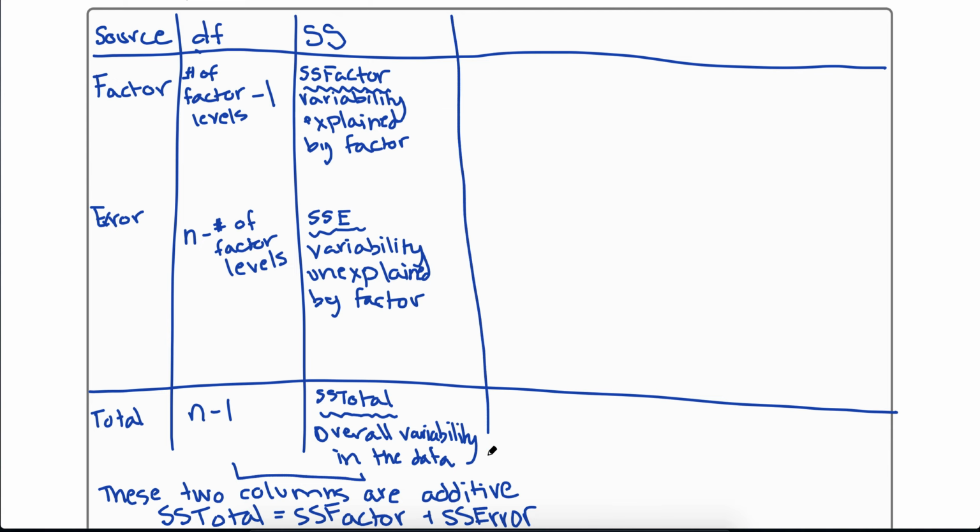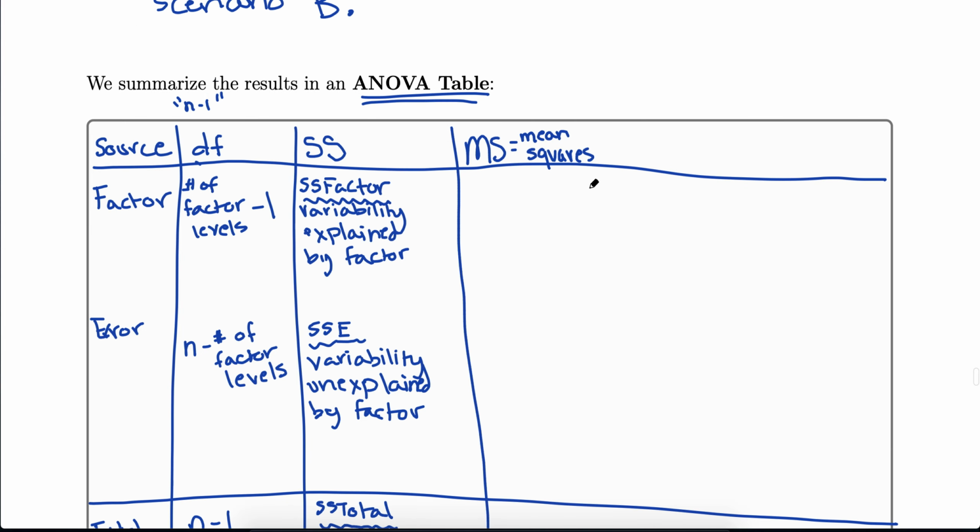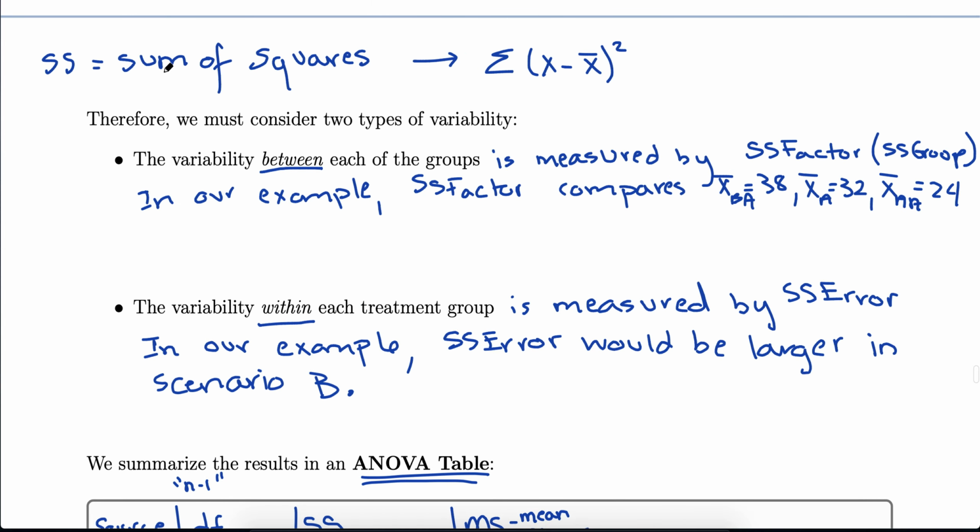Okay, next column is going to be MS, and that stands for mean squares. Let's go back and remember what we defined SS as a moment ago. We said SS was our sum of squares, summing up the squared differences of some points to some mean. And we mentioned, hey, that looks kind of like a variance.